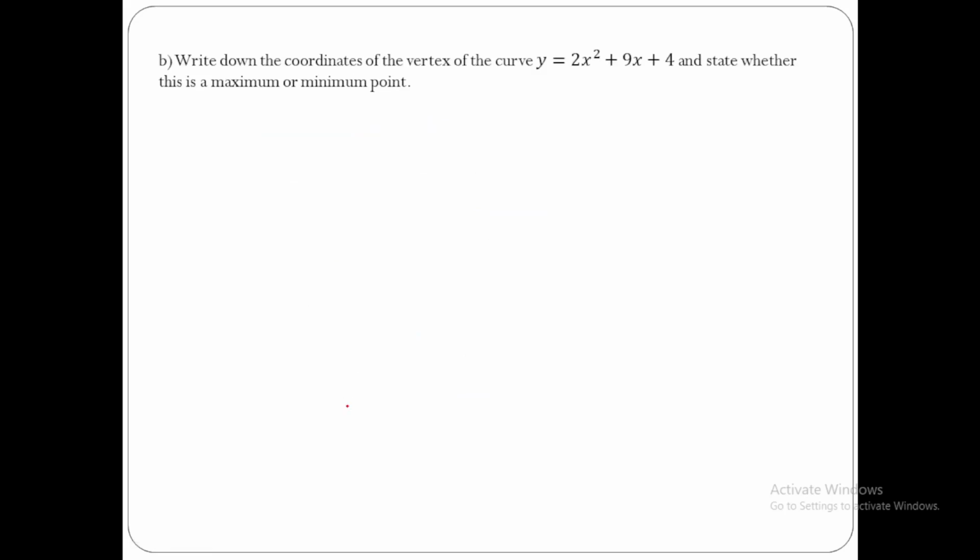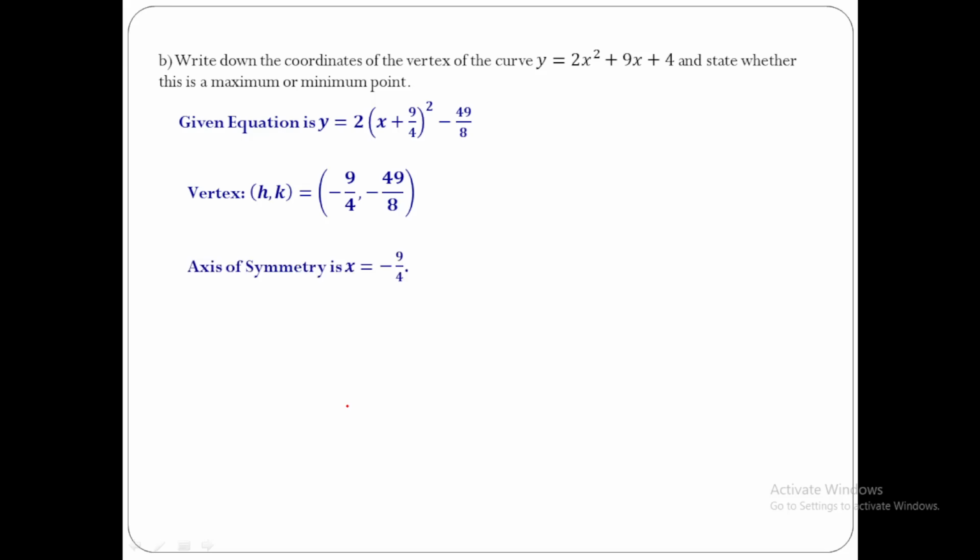Then part B: we have to find the vertex of the curve and whether the vertex is a maximum or minimum point. From the vertex form, we can easily see that minus 9 by 4 comma minus 49 by 8 is the vertex, the axis of symmetry is x equal to minus 9 by 4, and a is positive. Whenever a is positive, the vertex is the minimum point.